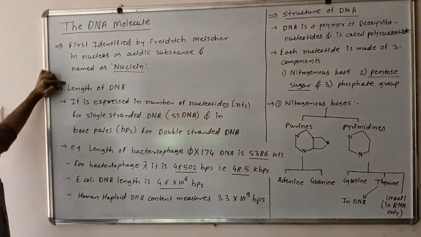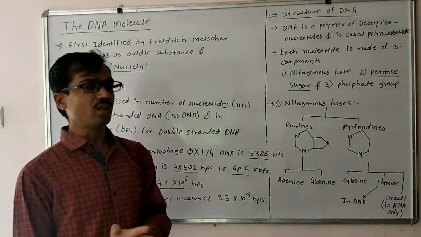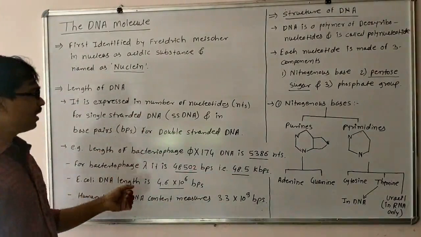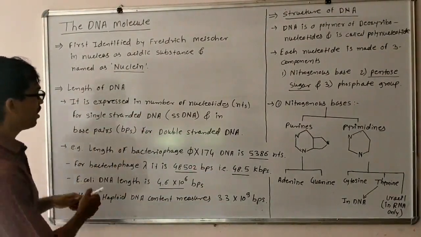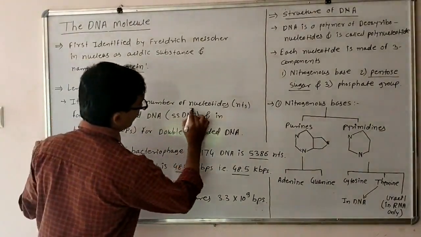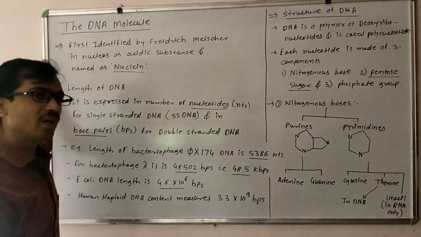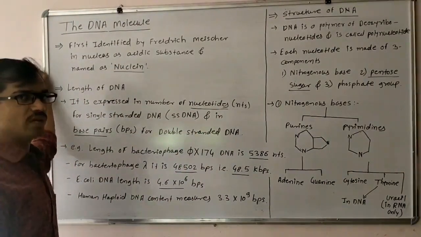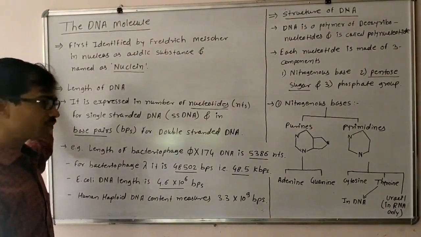The length of the DNA is expressed either in number of nucleotides, or in number of base pairs, and that depends on whether the DNA molecule which is present as the genetic material of an organism or of a virus is single stranded or double stranded.